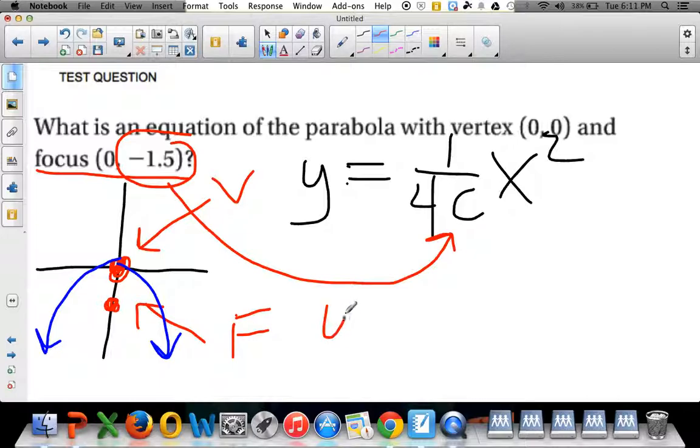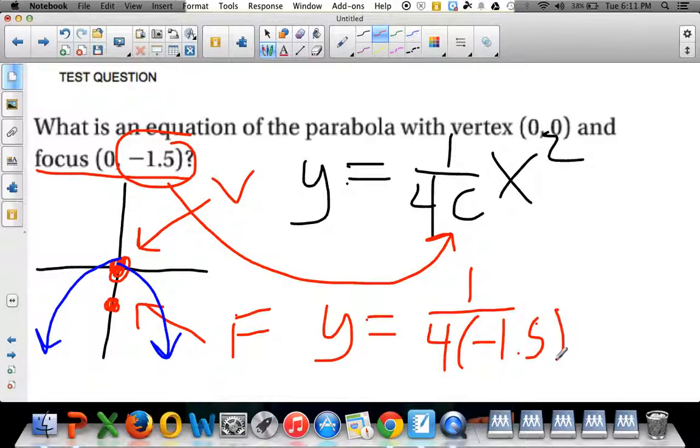So I'm going to have y equals 1 over 4 times negative 1.5 times x squared.